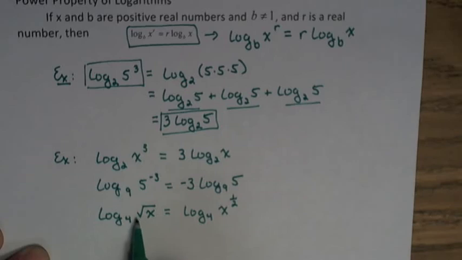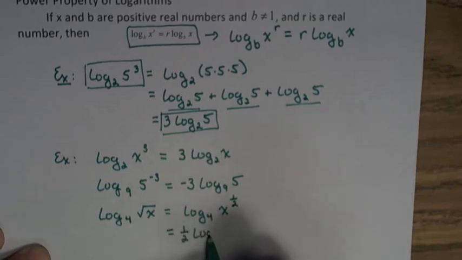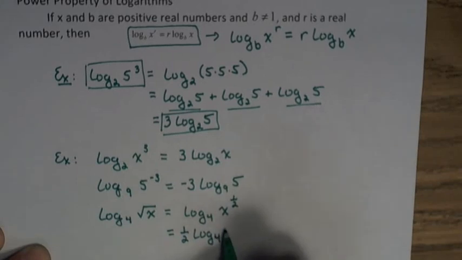So with this kind of a problem, you want to be able to use the fractional exponent representation of the square root. Now we can apply the power property, which would allow me to write this as 1/2 log base 4 of x.